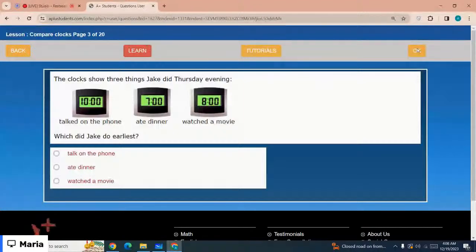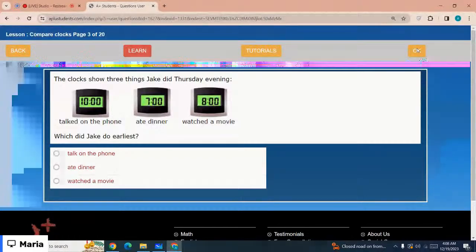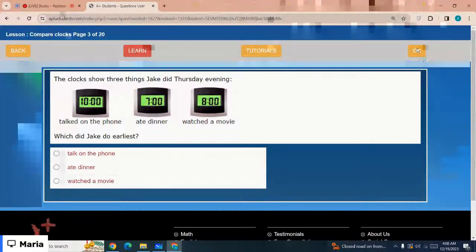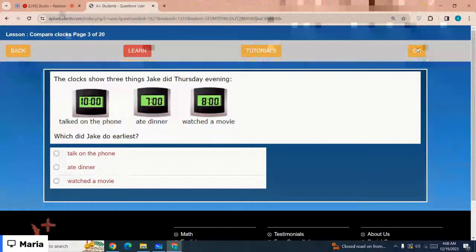The clock shows three things Jake did Thursday evening. What did Jake do earliest, right? So he did three things on Thursday. Talked on the phone at 10, ate dinner at 7, and watched a movie at 8. Earliest means what did he do at the very first.